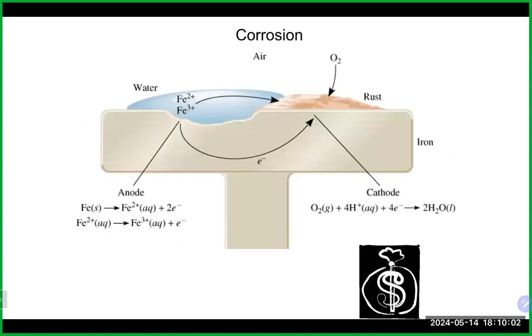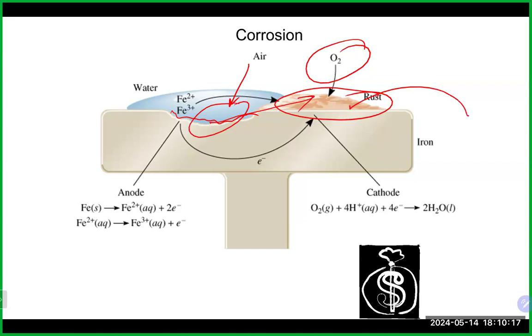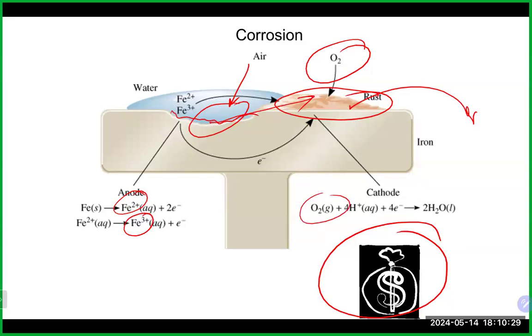And that's what we see here. Those non-uniform points are a great place for moisture to sit, allowing the oxygen and the iron to react and make rust, which, as we just talked about, can fall off and allow that process to occur again, costing lots of money. So we see iron go to iron 2, get further oxidized to iron 3, and then combine with oxygen to make our rust.